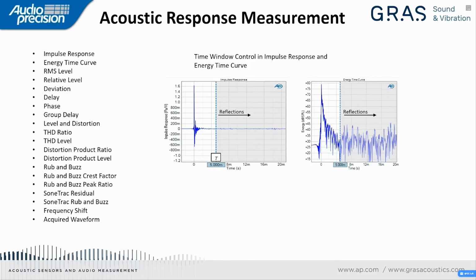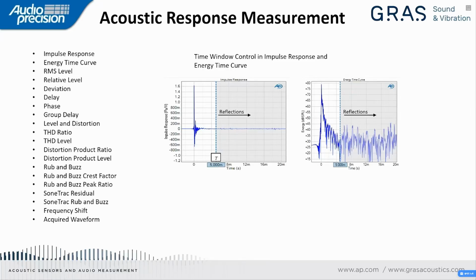Along with this, we get obviously RMS level, relative level, deviation result, delay, phase, group delay, level and distortion, THD ratio and level, distortion product ratio and level, rub and buzz, both crest factor and peak ratio, and Zone Track residual, Zone Track rub and buzz, frequency shift if it's open loop, and the acquired waveform.